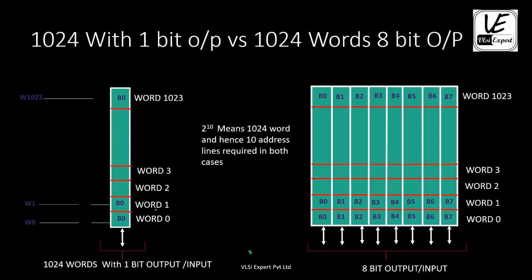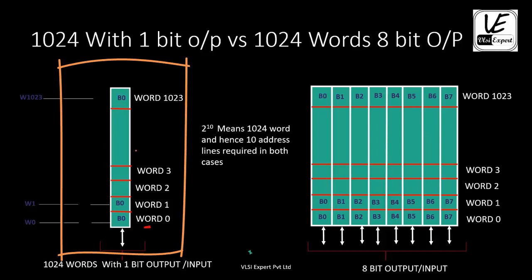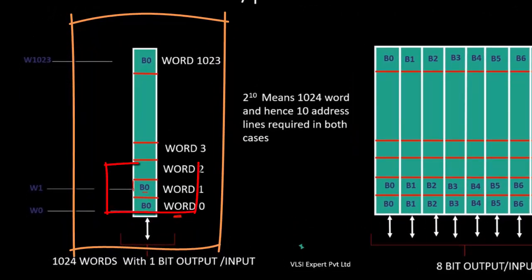Before I start with the concept of what is row decoding, let's first try to understand the concept of a word. Right now, I have a structure like this, in which you are seeing a rectangle, and each of these rectangular boxes is holding one bit.